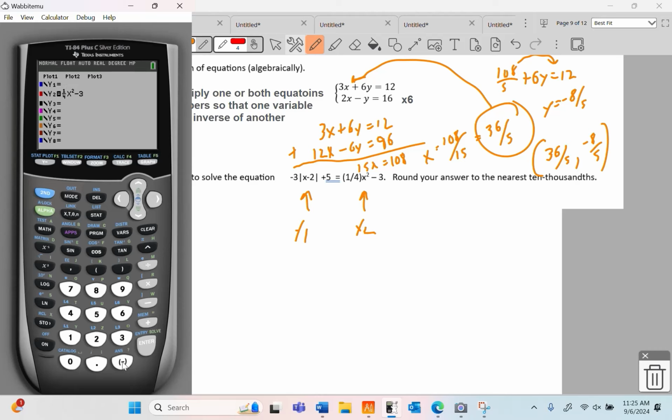I saw a -3, I typed a -3. I saw absolute value, I went to math, num, abs, x minus 2, arrow out, +5. To pull up that fraction right there, I went to math, num, n over d, and I pressed enter.